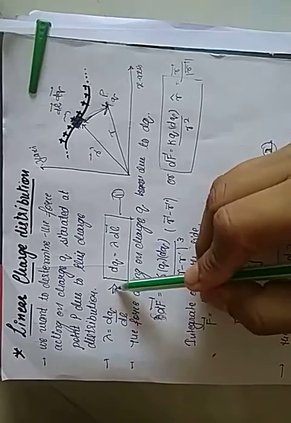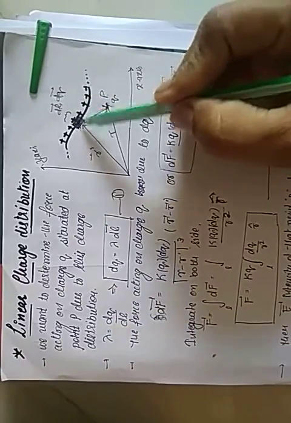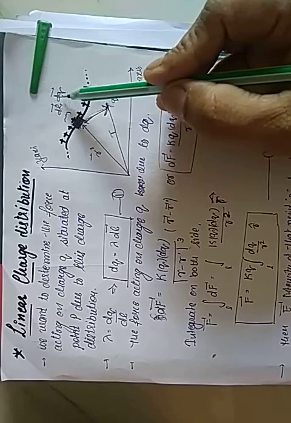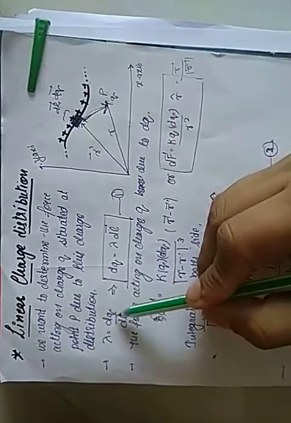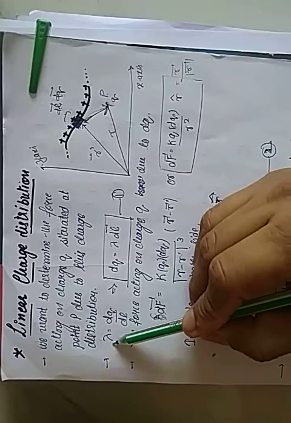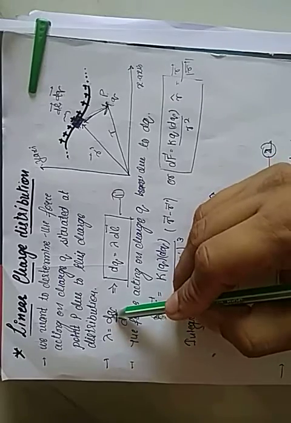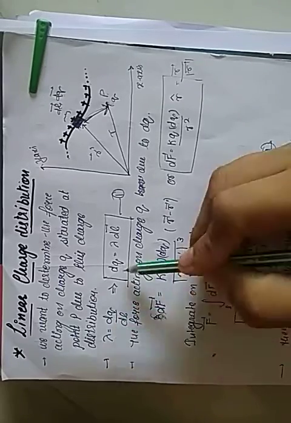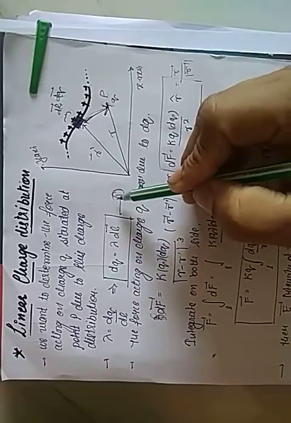First of all, calculate this small amount of charge. To find how much charge is present here, take dl to the other side, so dq is equal to lambda into dl. Put this as equation number 1.